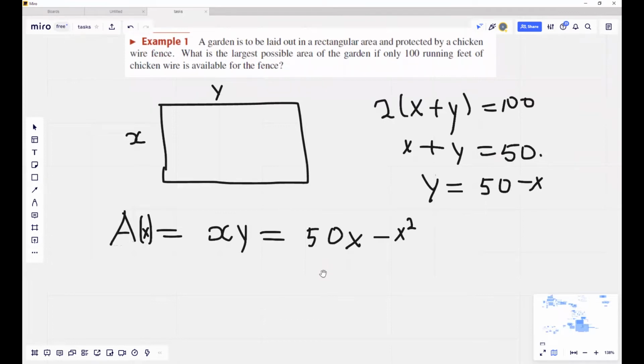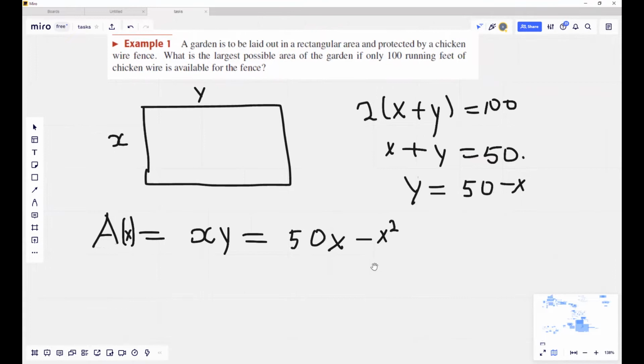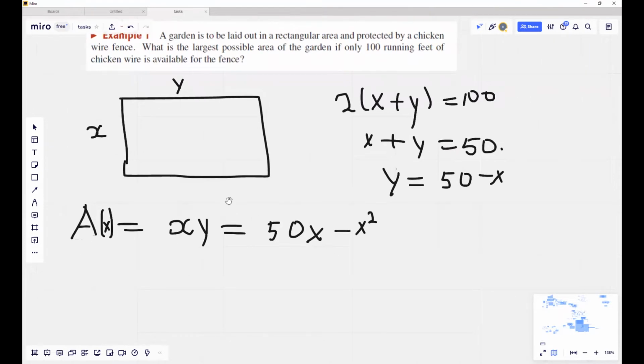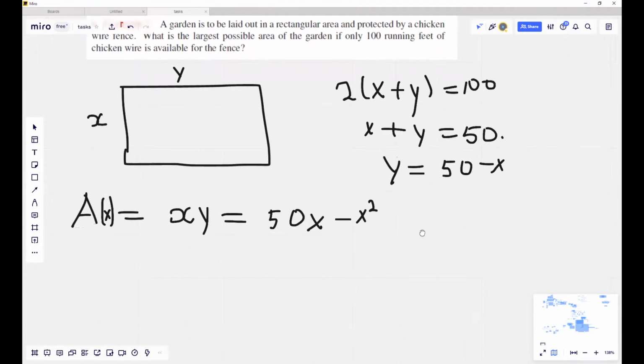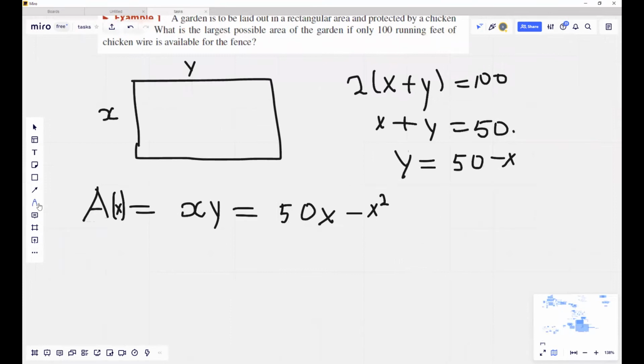And now first, before proceeding, our next step is to set up the interval of possible values for x. So first of all, x should be positive, and then since we only have 100 feet of running wire, x should not exceed the value of 50.